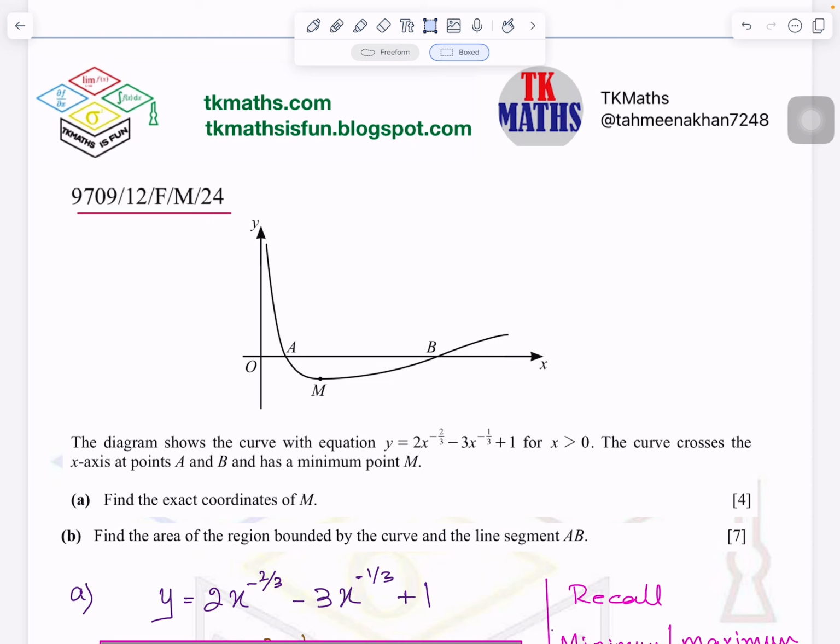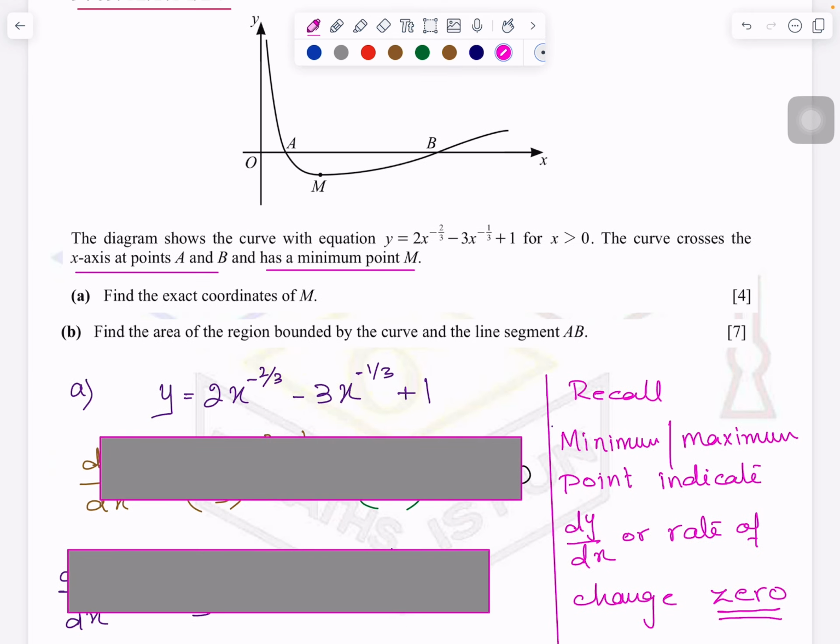So the diagram is given to you, and the information given here is that the curve is passing through the points A and B on the x-axis, and it has a minimum point at M. And you have to find the exact coordinates of point M. Now you have to recall that whenever we are talking about a maximum or minimum point, it indicates that the rate of change, or dy over dx, is 0 there.